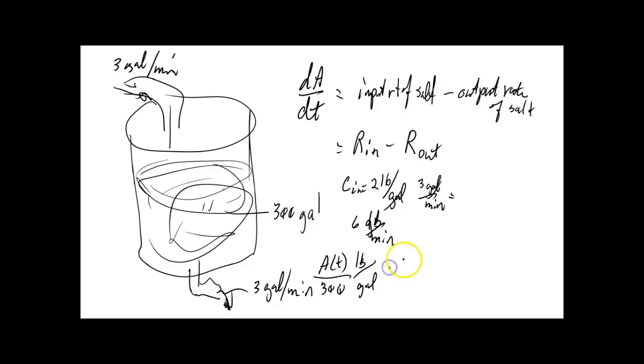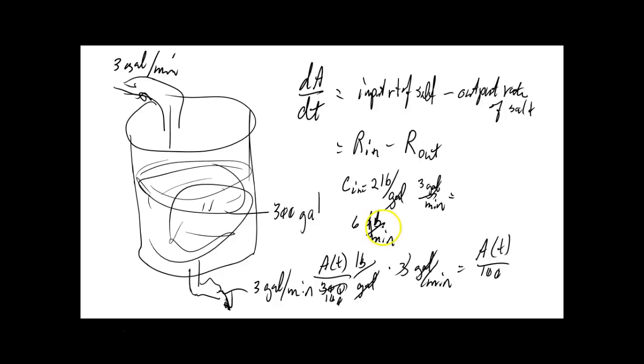Your output rate is 3 gallons per minute, and you can cancel out the gallons, and 3 will go into 300 100 times. So your output rate is the amount that you have in there at any time t, and that varies. It changes. That's why you have to have it as a function, A over 100. Okay. So that is the rate out.